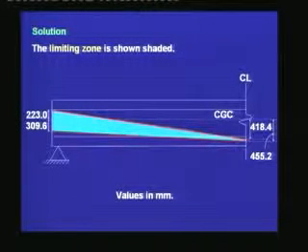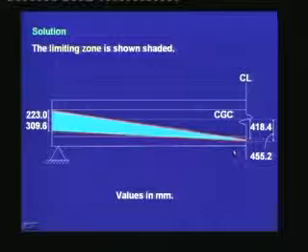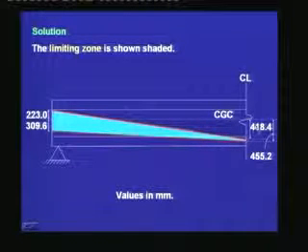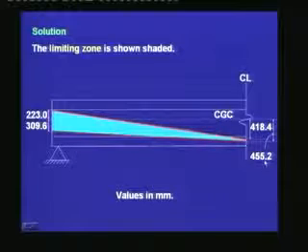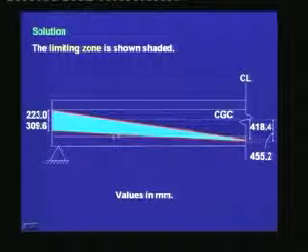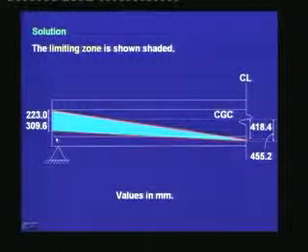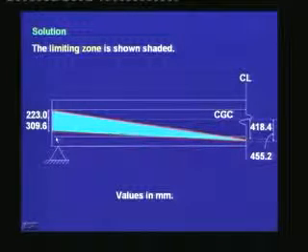Thus, for this particular beam, at the center, we have a very small depth of the limiting zone, which is ranging from 418.4 millimeters to 455.2 millimeters, whereas when we come towards the end, we have a wide depth of the limiting zone.